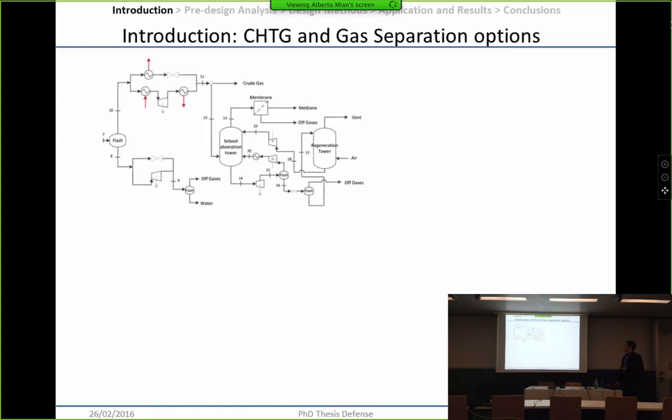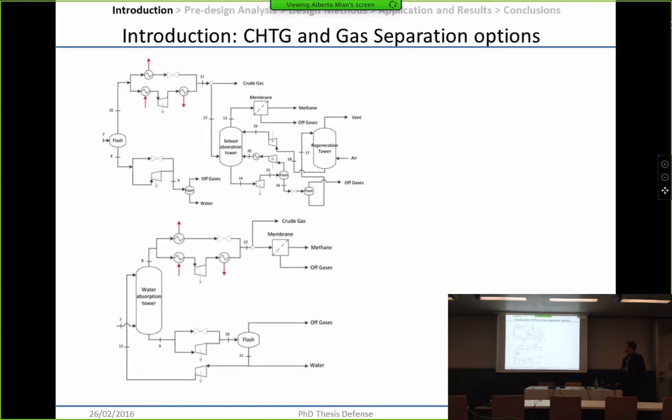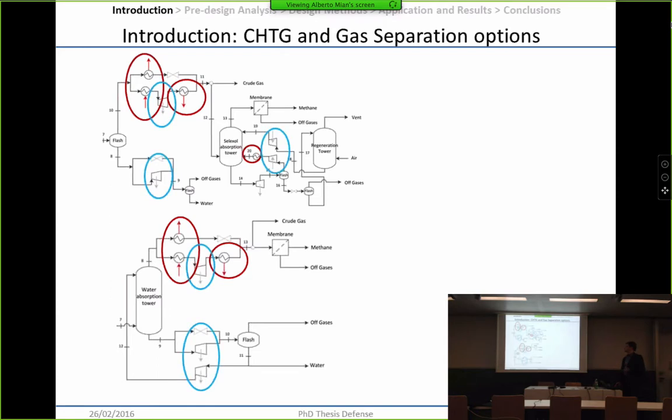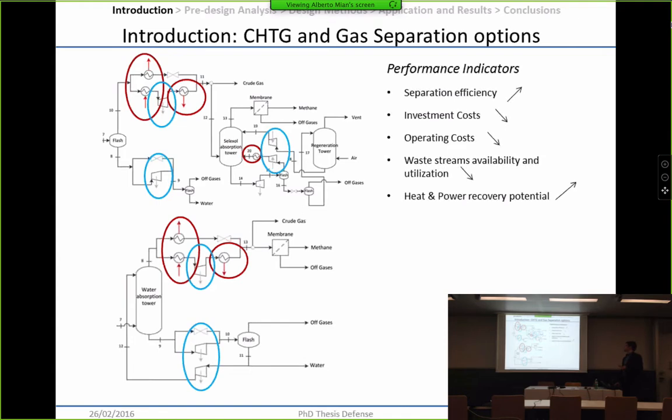Then comes the problem of the gas separation options. As we can see, there are several ways of separating this gas, so removing the CO2. We could use selective absorption, water absorption, and every time we consider these separate systems, we have to include into the energy balance heat and electricity. So in this case, the problem becomes quite tricky because streams have a cost which is associated to them, and we would always like the perfect separation process to be the one with very high efficiency.